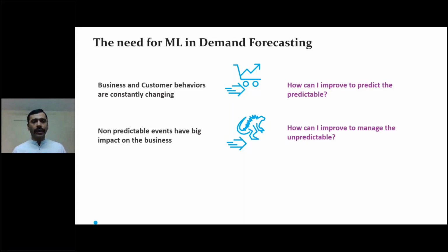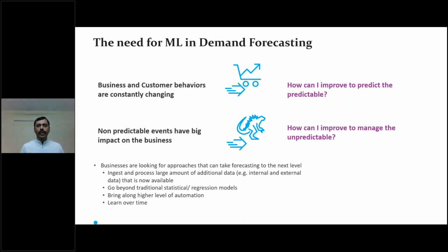And businesses are looking for approaches where they can improve their forecasting, not just use the traditional statistical regression models, but how do I now leverage all the new data that's now available, both internally and externally? And can I start automating some of these processes? What more can I do with all the data that I have? Right? So there is a need definitely to go beyond what we have traditionally done in the forecasting space.